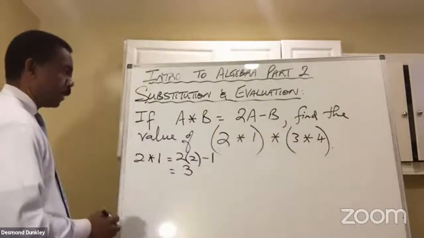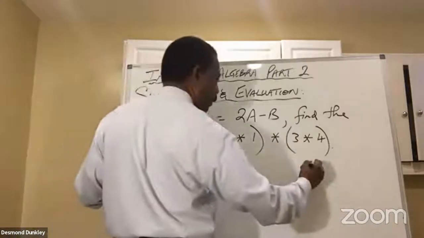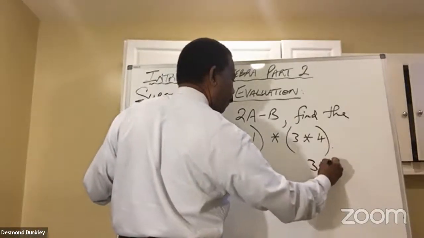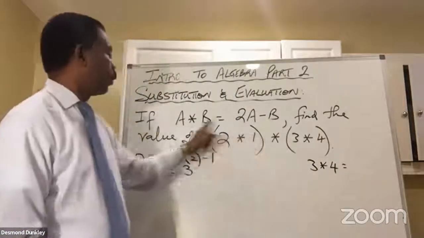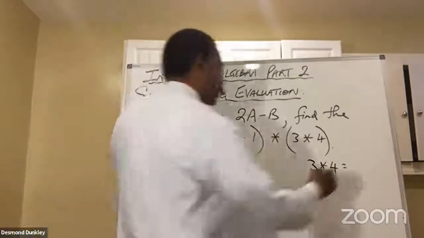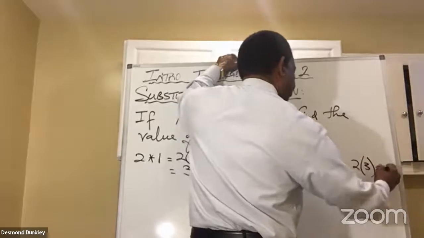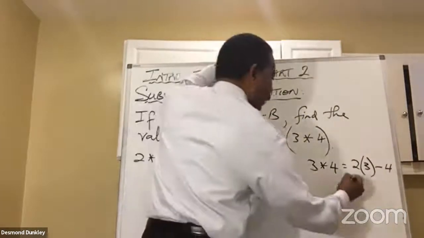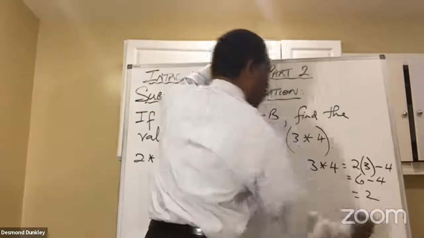What about the second part? This is 3 star 4. So let's think over here. 3 star 4 is equal to, whatever it is, you double the first and subtract the second. So it's 2 times 3 minus 4. So it's equal to 6 minus 4 equals 2.